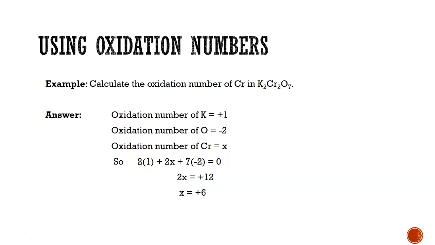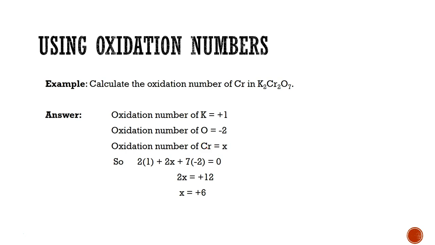So this is another example on how to calculate these. If we look at the potassium dichromate, overall we have a 0 charge. Potassium is a group 1 metal. It'll have a positive 1 charge, so our oxidation state will be +1. Our oxidation number of oxygen, we have a rule for that of -2. The oxidation number of chromium, however, is what we don't know.